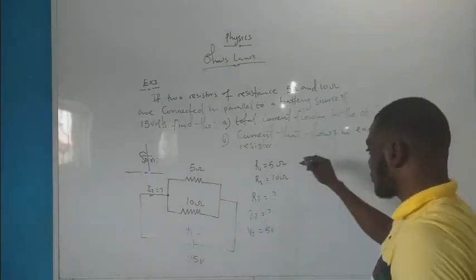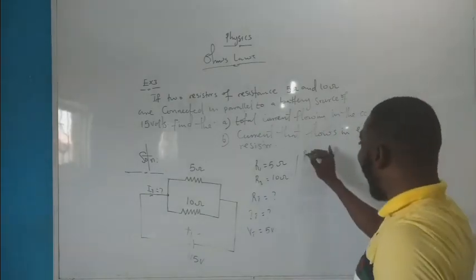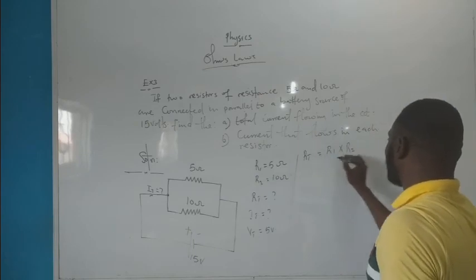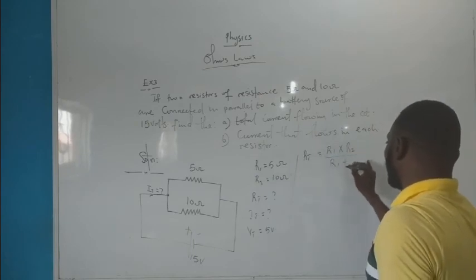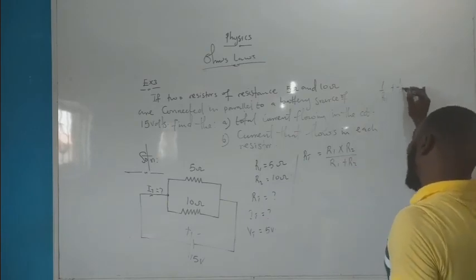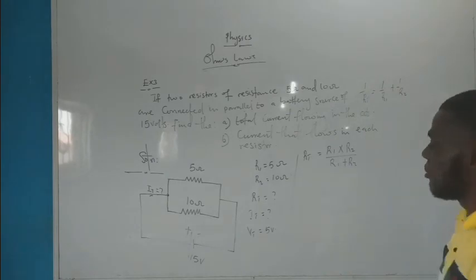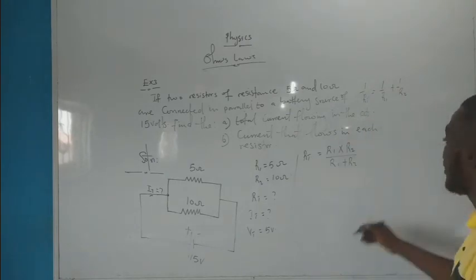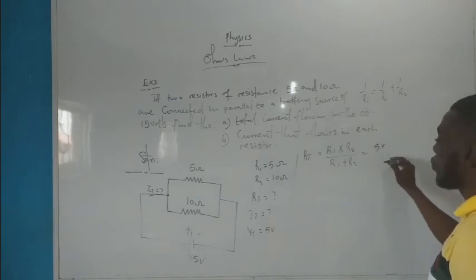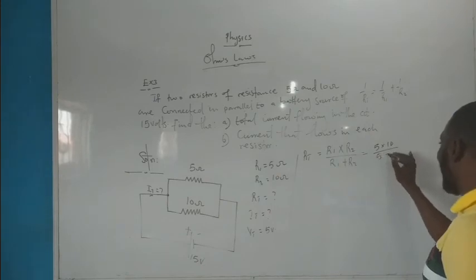Then we know that R total is equal to R1 times R2 over R1 plus R2. You can still use 1 over R1 plus 1 over R2 equals 1 over R total, so you get the same thing, but this is just faster. R1 is 5, times 10, over 5 plus 10.